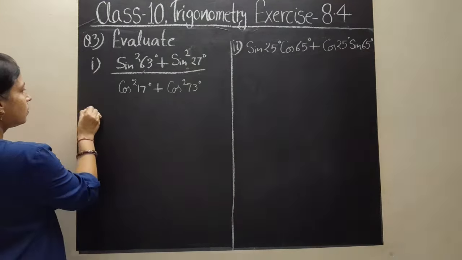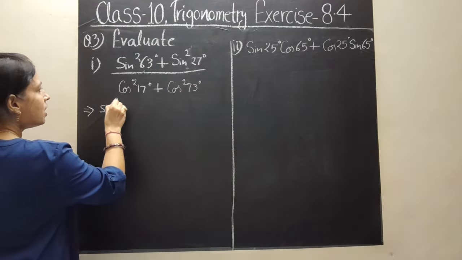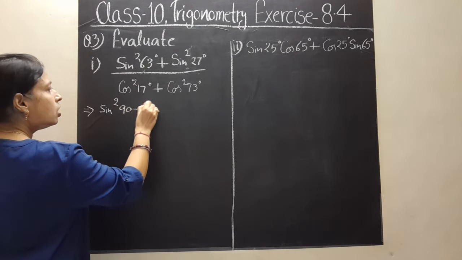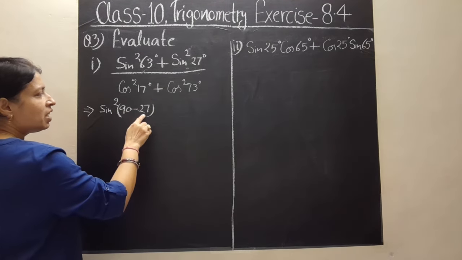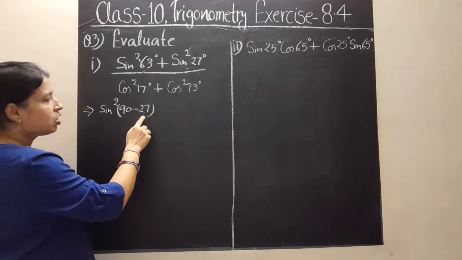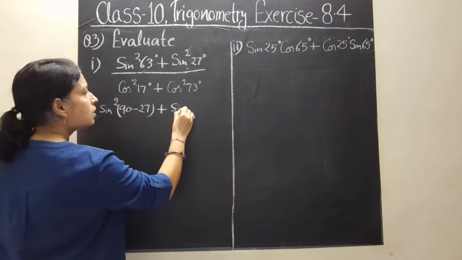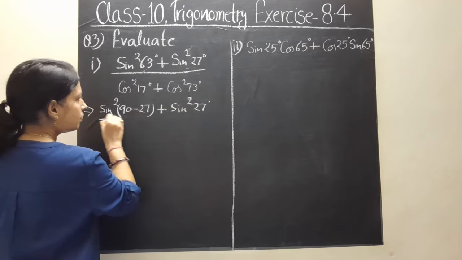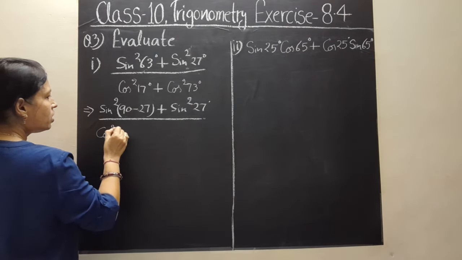So write that: sin square 90 minus 27. In place of this 63, write 90 minus 27, plus sin square 27 degree, which is divided by cos square.